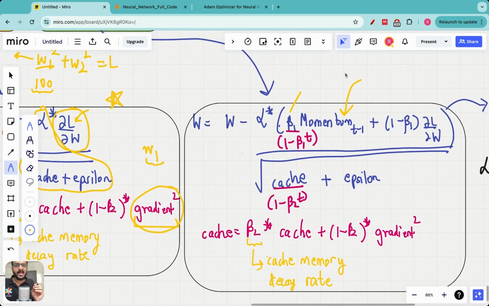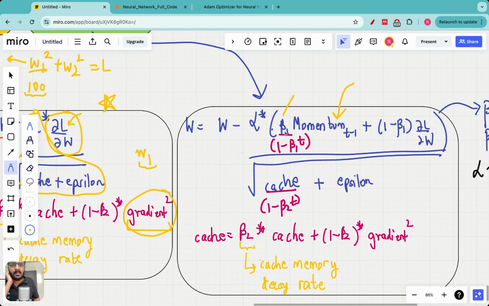One change in the Adam optimizer is that the momentum term in the numerator is divided by 1 minus beta 1 raised to t, and in the denominator the cache term is divided by 1 minus beta 2 raised to t. The reason is that at smaller iterations we want the weight updates to start with larger updates. We don't want the weight updates to be very small.